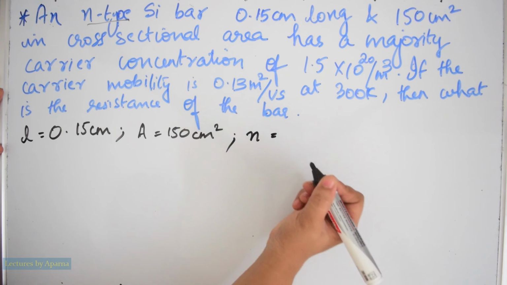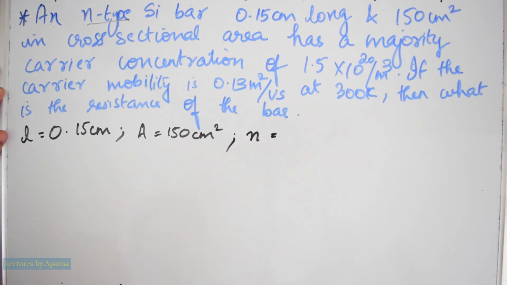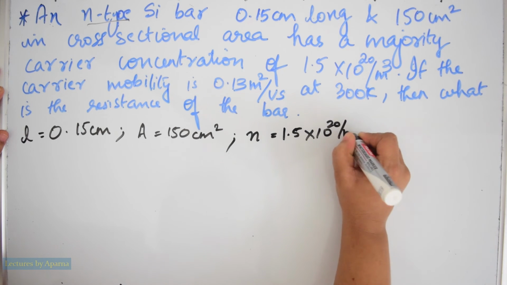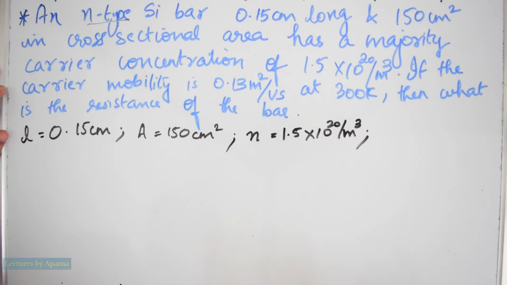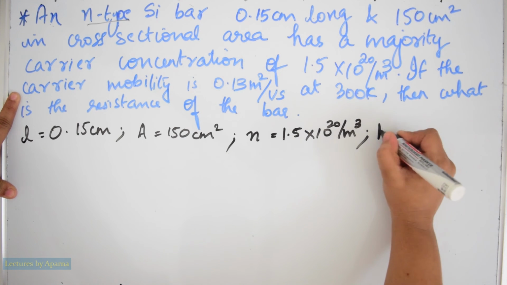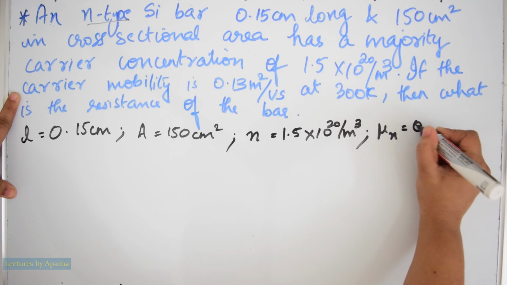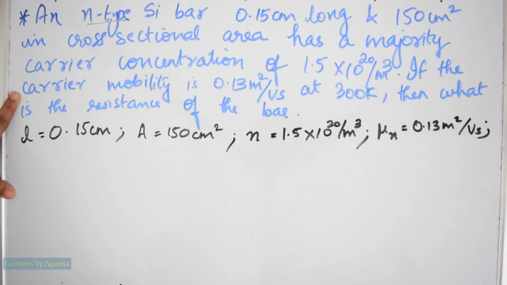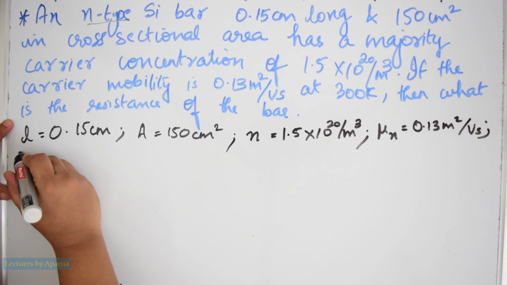So electron concentration is equal to 1.5 into 10 raised to 20 per meter cube. If the carrier mobility is 0.13 meter square per volt second, mobility mu n is equal to 0.13 meter square per volt second, what is the resistance of the bar?